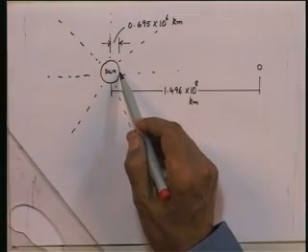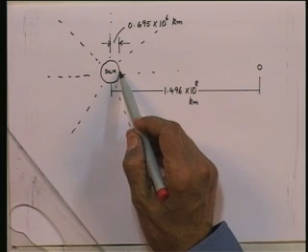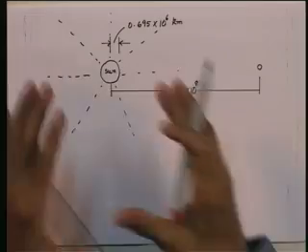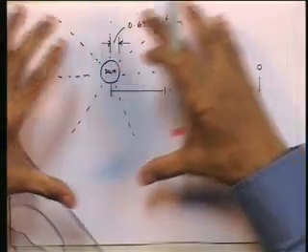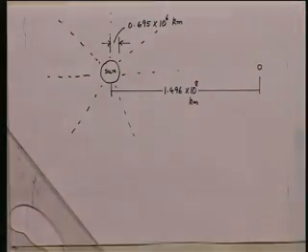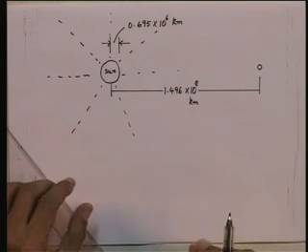So, we have a value of E b lambda and E b out here. We want the value here. Now, the radiation coming out from the sun is going out spherically in all directions. So, obviously, the flux is going to be inversely proportional to the square of the distance, because the surface area of a sphere is 4 pi r squared.